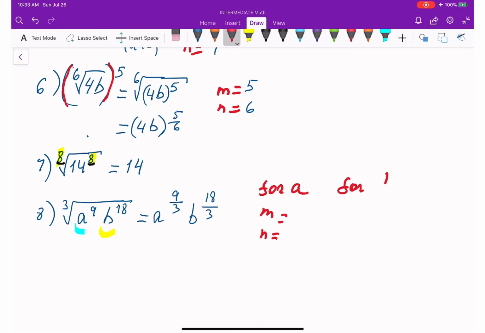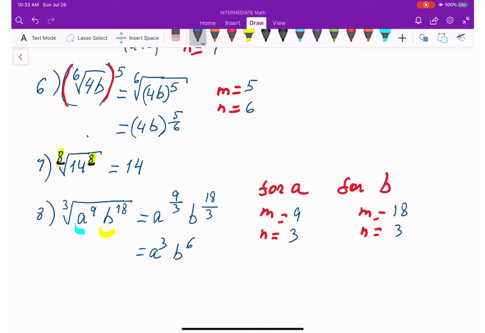For b, m and n. So, what do we have? For a, m is 9, n is 3. For b, m is 18, n is 3. Well, we have 9 over 3, which means we can simplify to a to power 3. And b, 18 over 3 will be b to power 6. Simple as that.